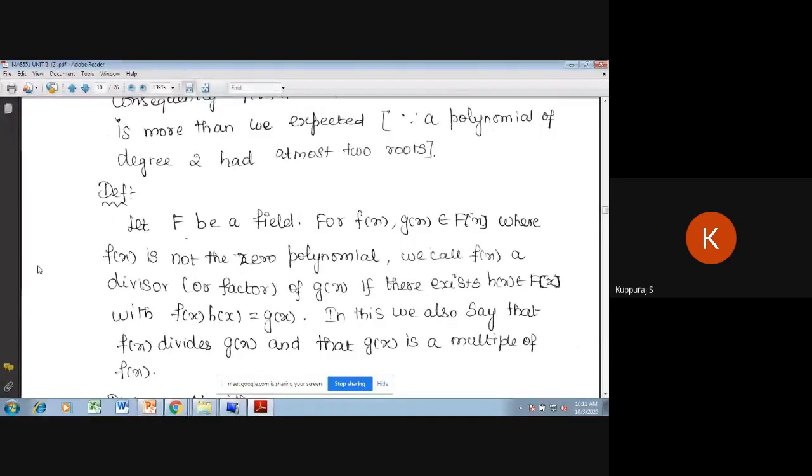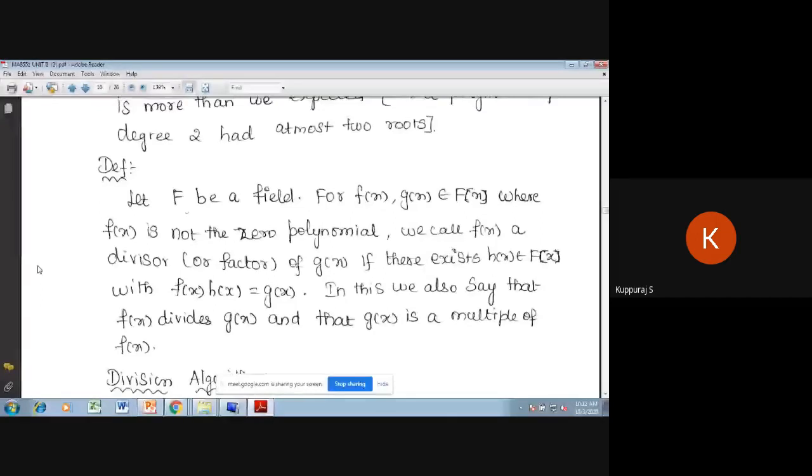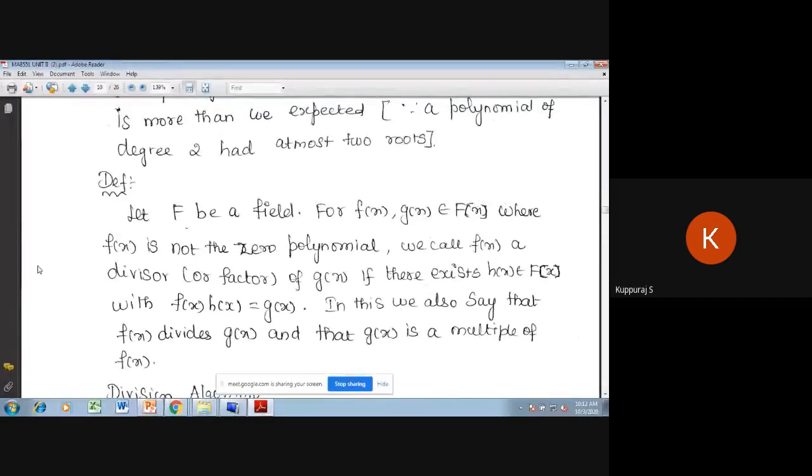So in this case, we also say that f of x divides g of x, and that g of x is a multiple of f of x. So when g of x is divided by f of x, you get h of x.